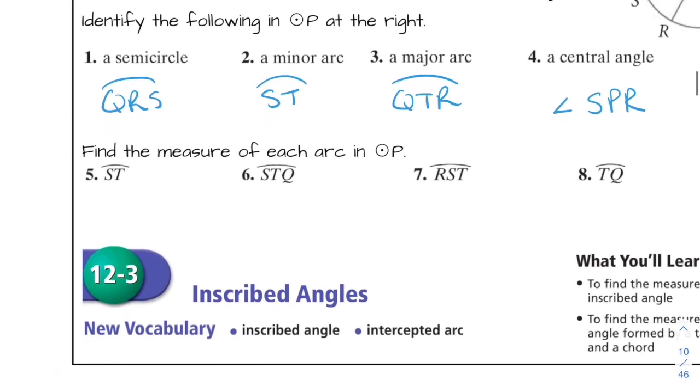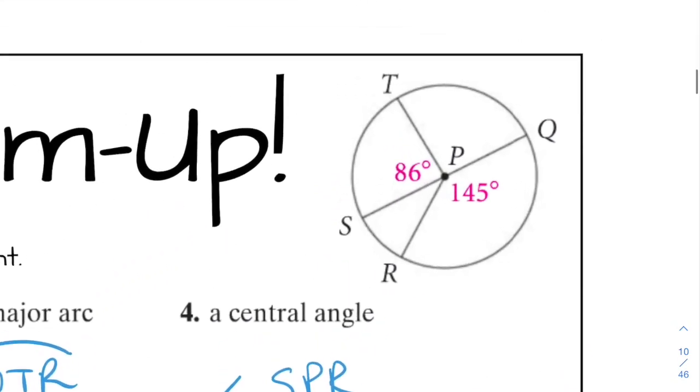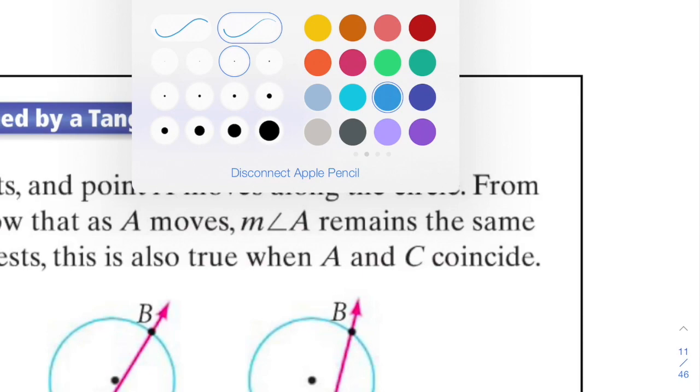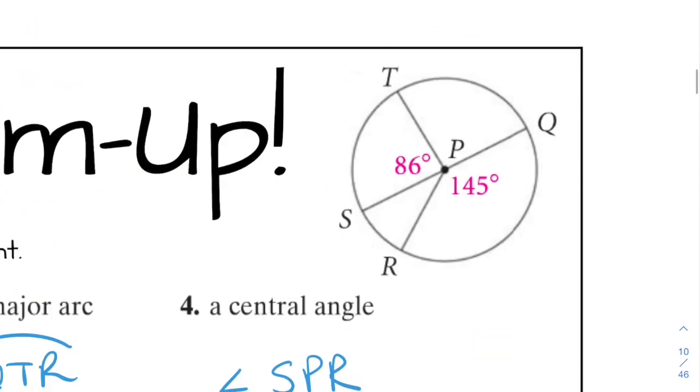All right, find the measure of each arc in circle P. So I'm going to label this, and I'm going to do a little bit of algebra. Let's see, 145, I'm going to take that away from 180, 35 degrees. So I have 35 here and 35 here.